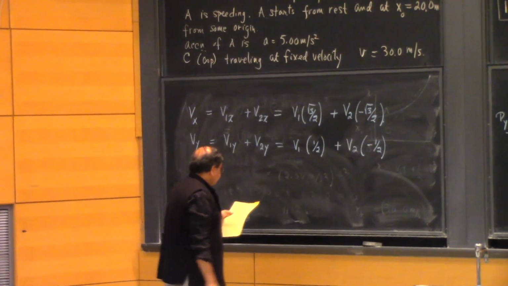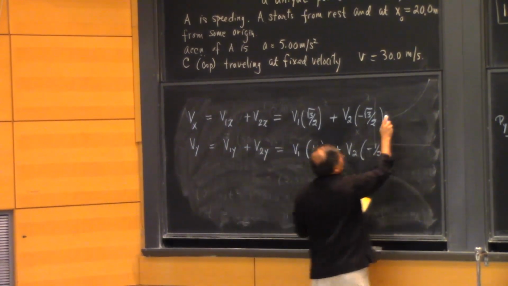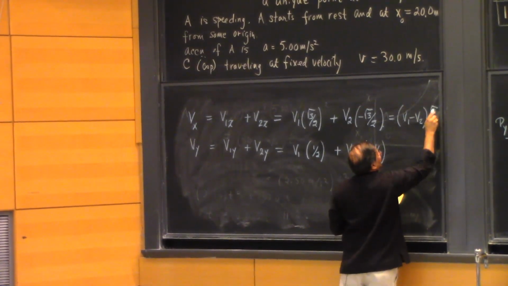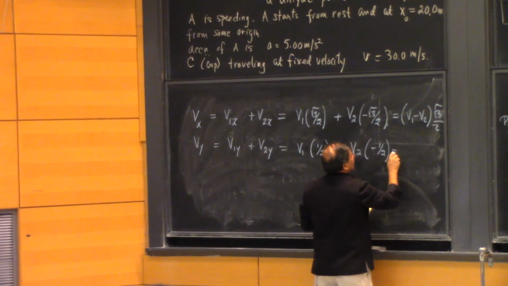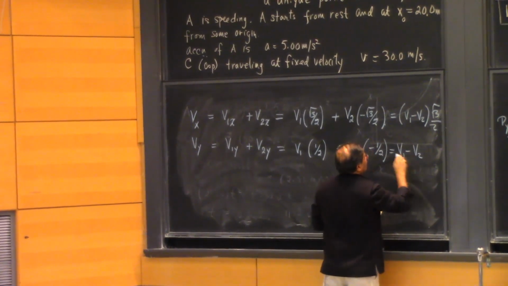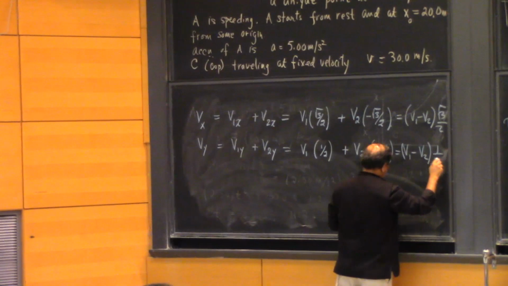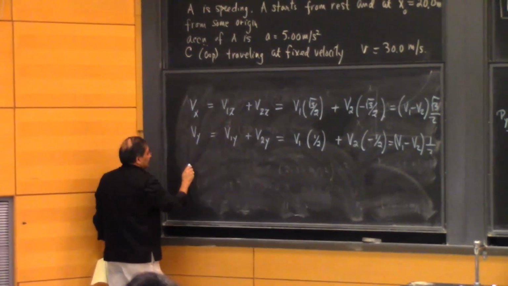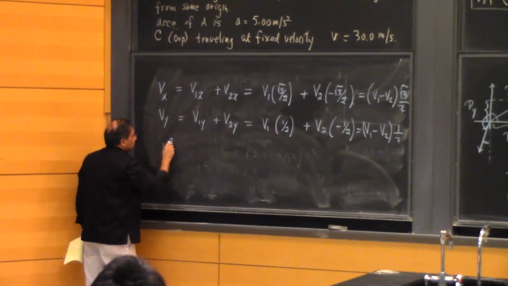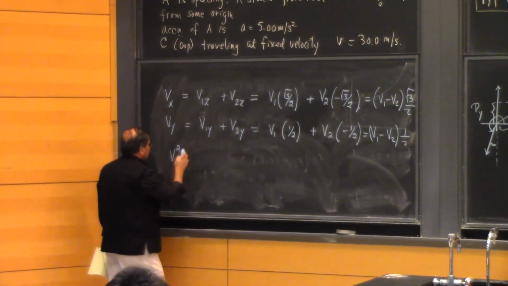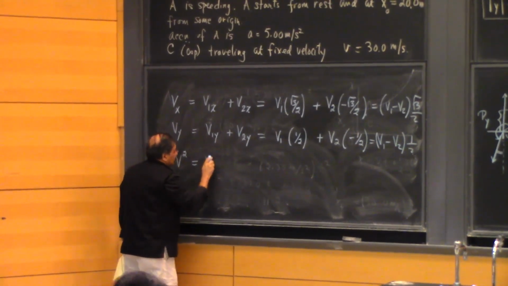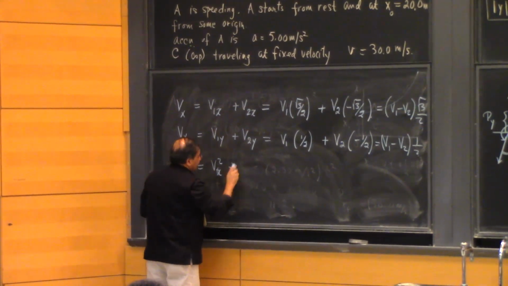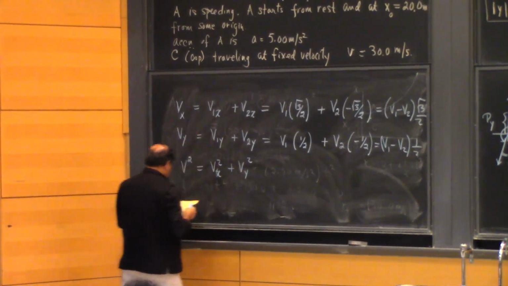So therefore, I should be able to write this as V1 minus V2 times root 3 over 2, and I should be able to write this as V1 minus V2 times a half. And it will turn out from what we have already shown that the actual vector V, that's the resultant of the two vectors V1 and V2, is the square root of Vx squared plus Vy squared, which we have just calculated.